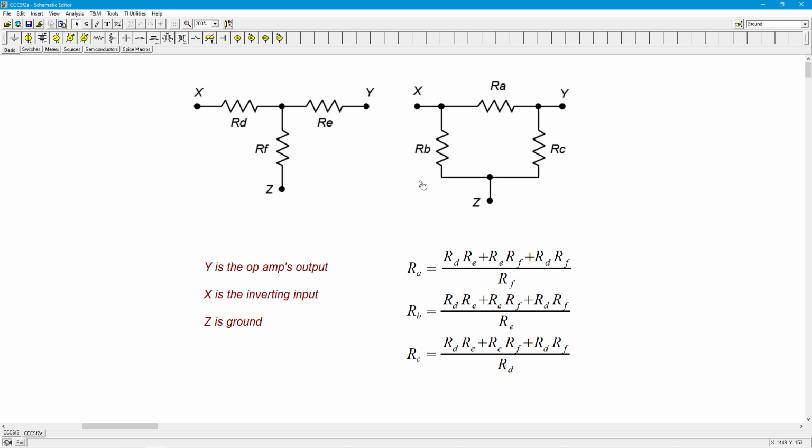Now here's the really cool thing. If you look at these equations, you will realize that you don't actually have to compute the precise values of RA and RB. In fact, it turns out that the ratio of RA to RB in this delta is the same value as the ratio of RE to RF in the Y configuration.